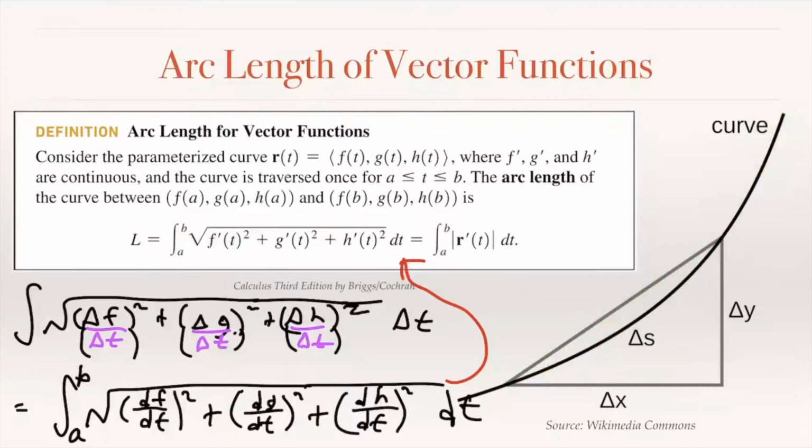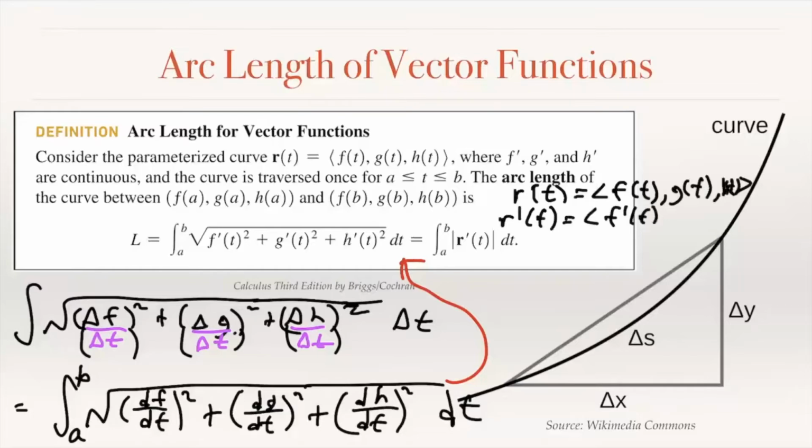But notice that in as much as r of t is f g h, and thus r prime of t consists of the derivatives of these guys.